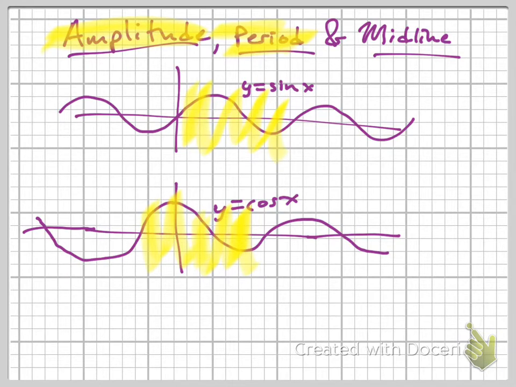But when we're talking about the stretches or shrinks of a function, that is what's going to have a big impact on the amplitude and period of a sinusoid, which is what we call this style of graph.